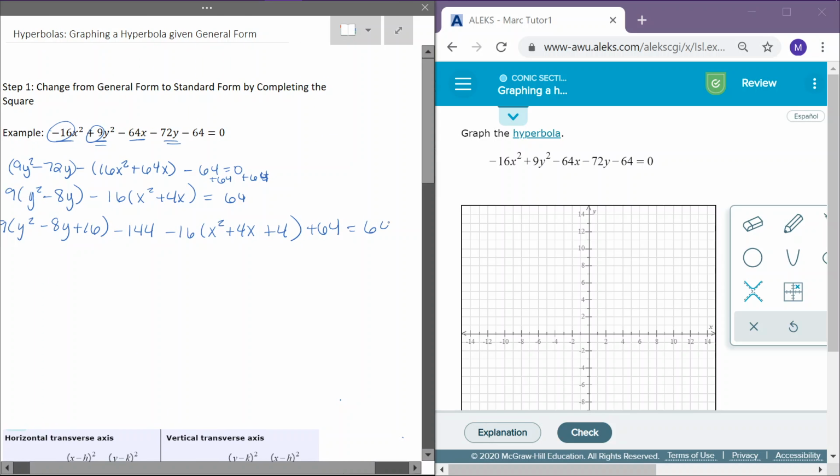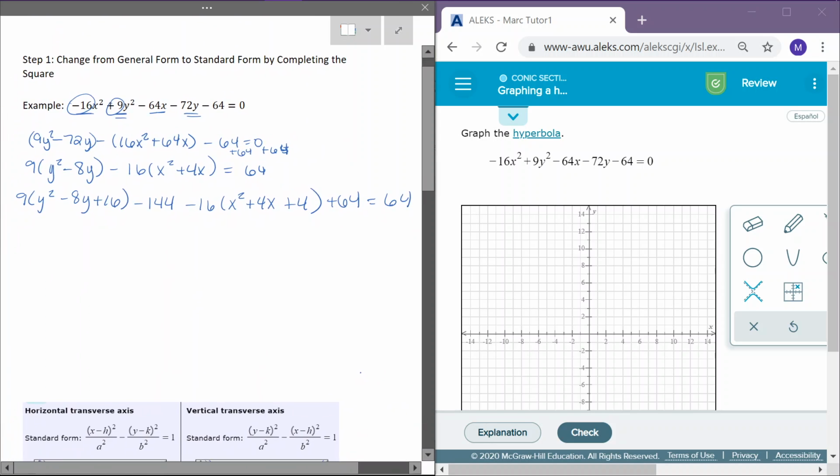And that equals 64. So next I want to simplify these. So here I will have 9 times y minus 4 squared.